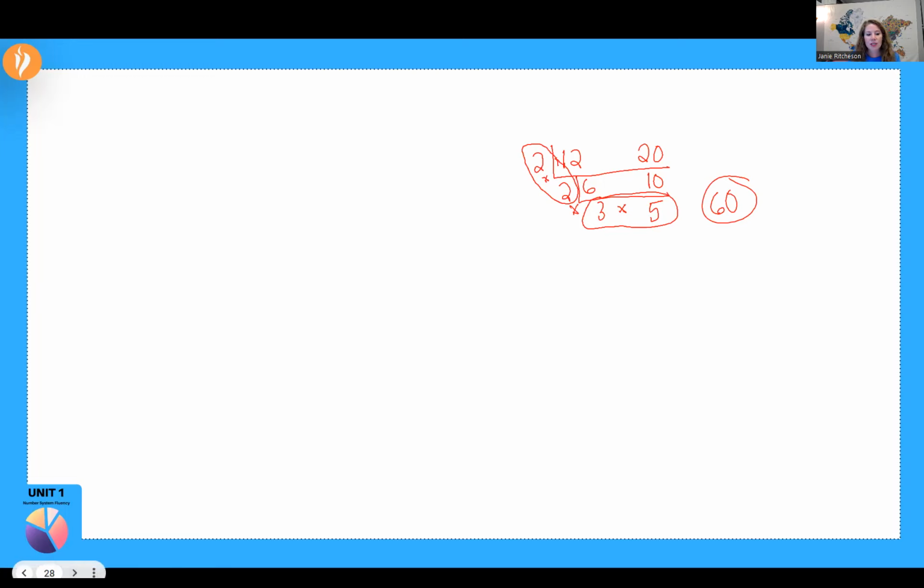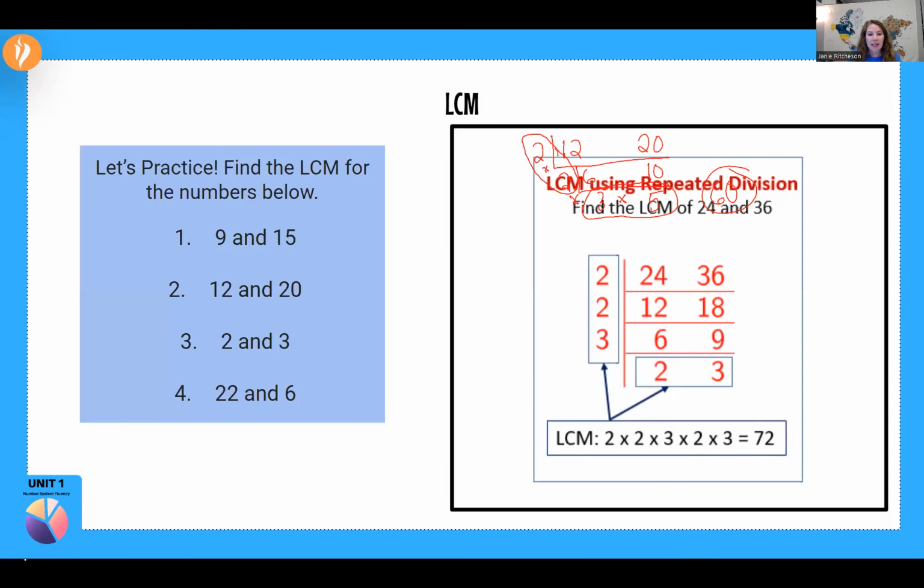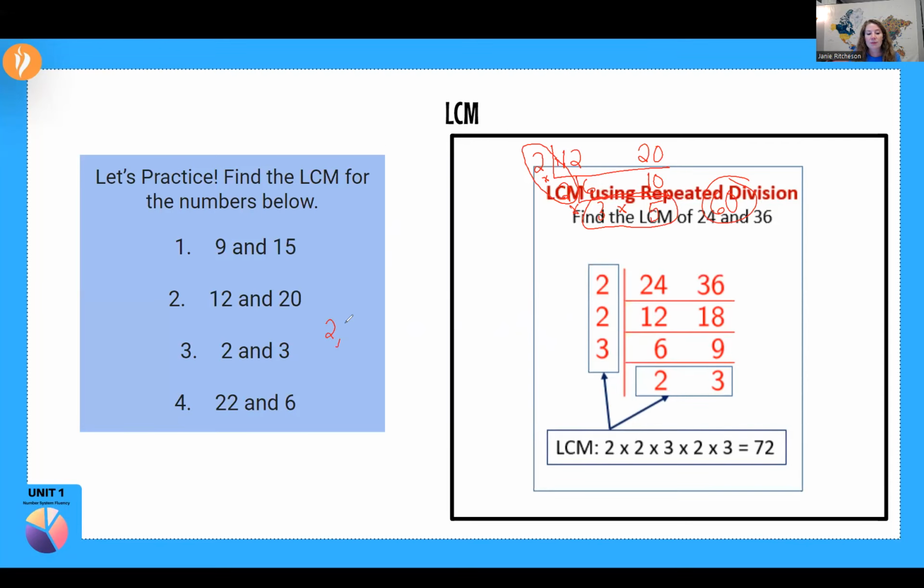All right, the next two digits are 2 and 3. Now that one we don't need the ladder method because these are very small numbers. So I'm just going to list out the multiples of 2. 2 times 1, 2 times 2, 2 times 3, 2 times 4.